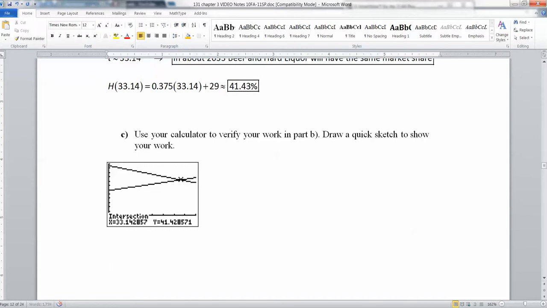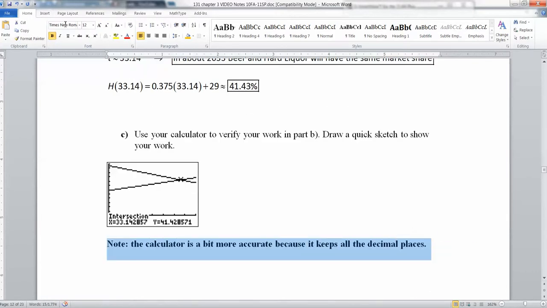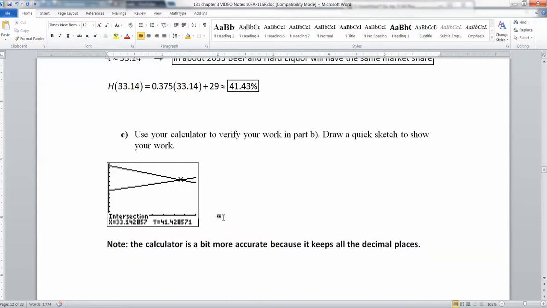So you might want to note the calculator is a bit more accurate because it keeps all the decimal places. We rounded to 33.14. So if we would have kept 33.142857, etc., then we would have been more accurate for our final answer. All right, so that's just a little note to ourselves.